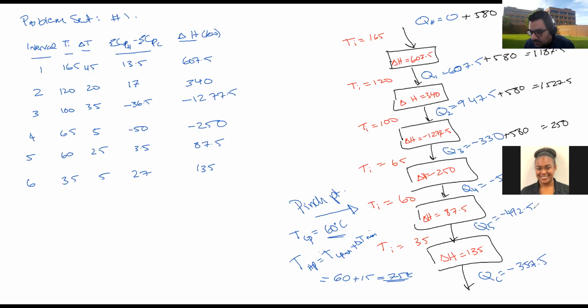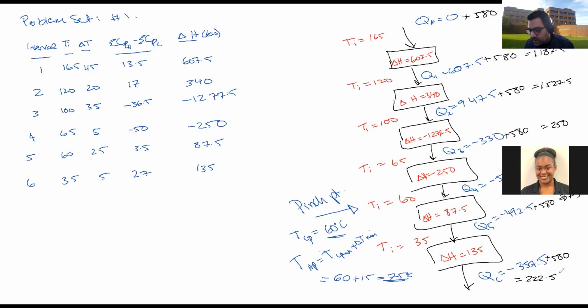This will be 0 plus 580 here. This is 87.5. And then finally plus 580. This number will be 222.5. Okay.